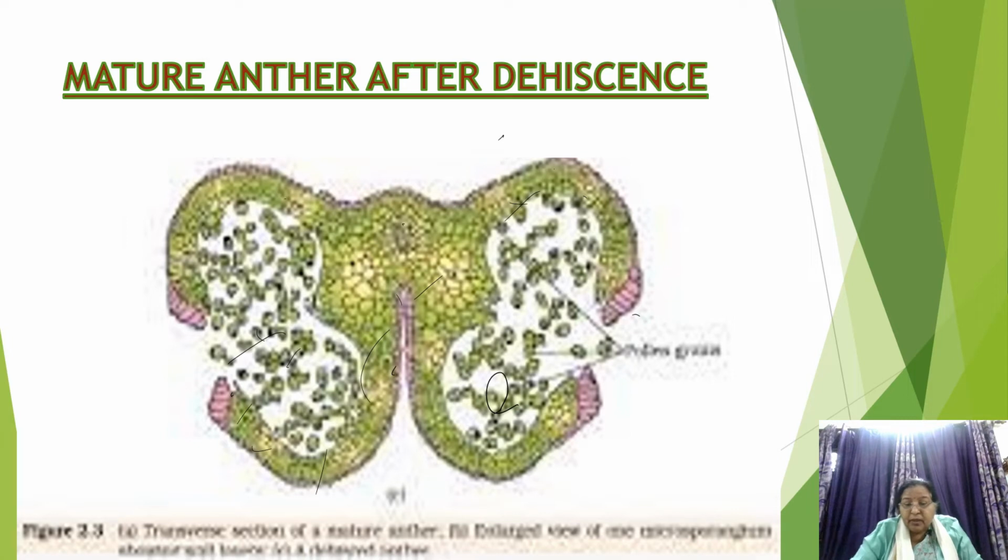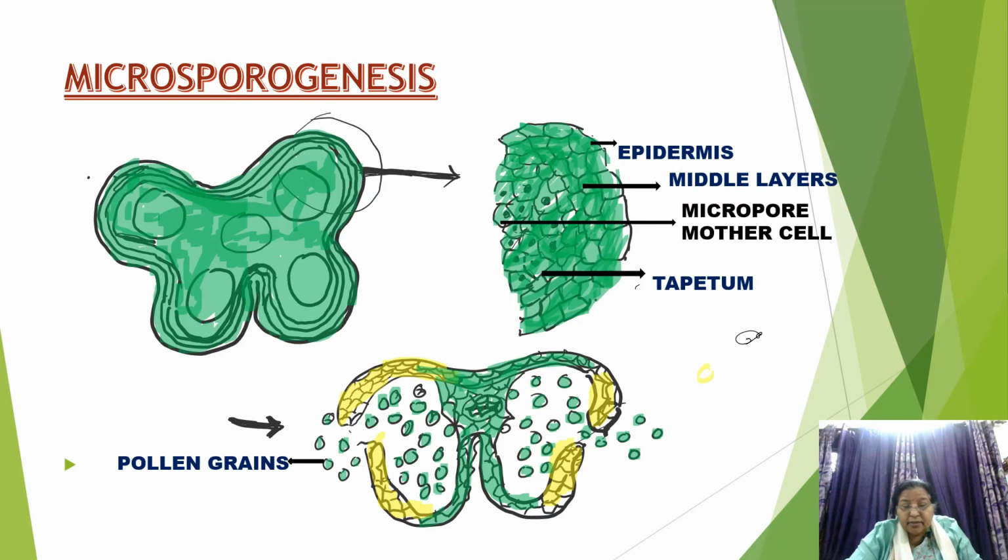I told you the tetrads are going to be released. So these tetrads, when they are released in the air from the mature anther, here you can see the anther is showing dehiscence. So when the anther dehisces, the pollens are released in tetrads. Here you have this diagram.